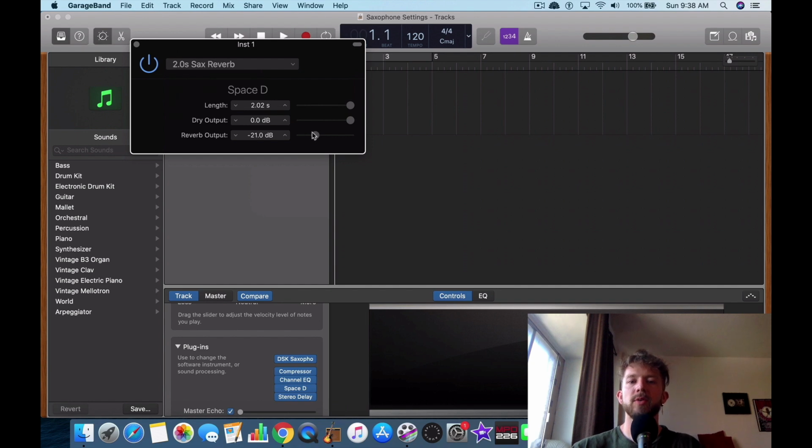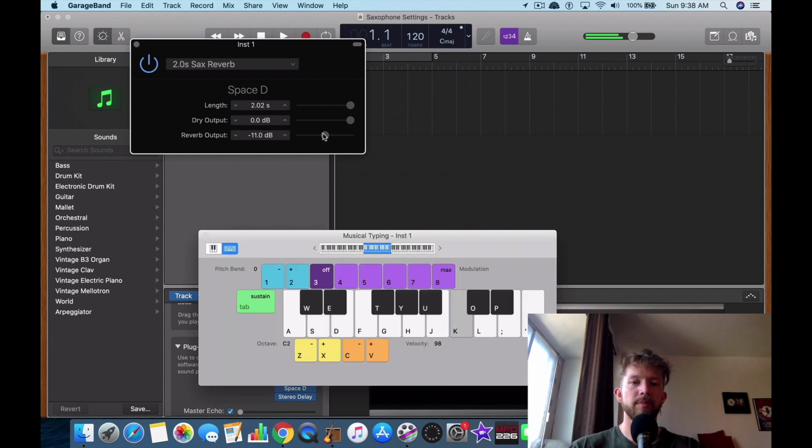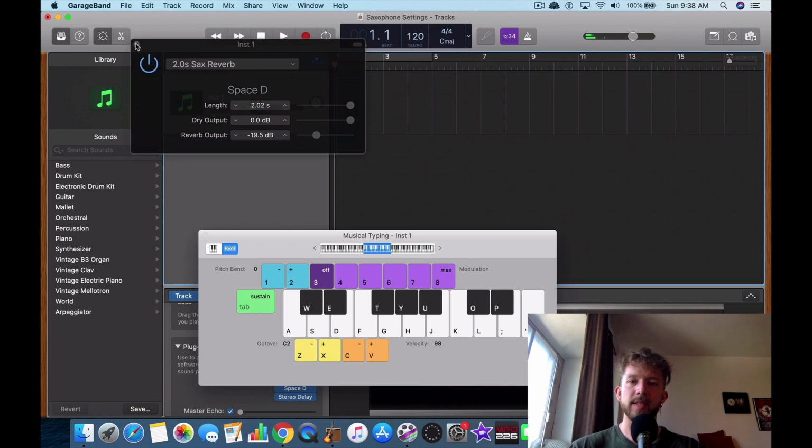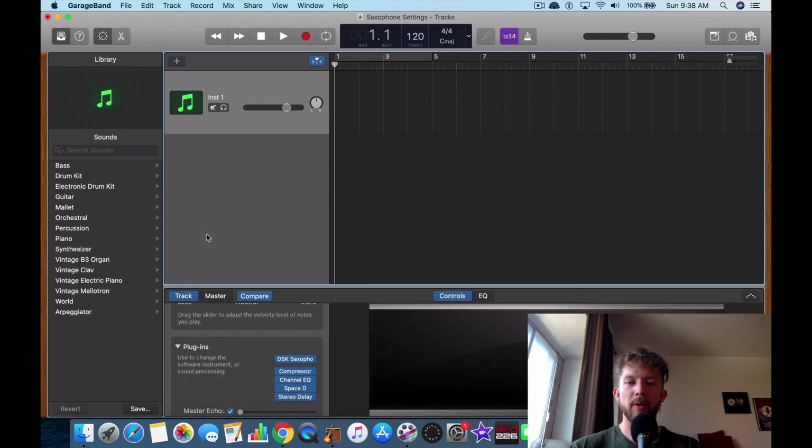So I usually drop down the output just a little bit because it's almost too much reverb. Around 20, I would say, maybe a little less, negative 19.5. That's how much reverb I would have on it.